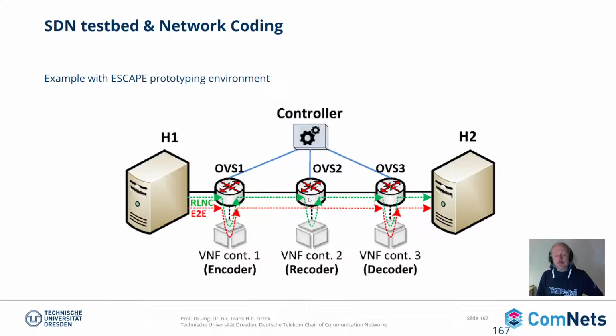With the green stream, we need here some computing in order to do the recoding. A recoding is something like polishing up the packets to send them forward. And then in the end, these packets are decoded and given to the host too, right? And the controller here will decide which one of the technologies we would like to use.